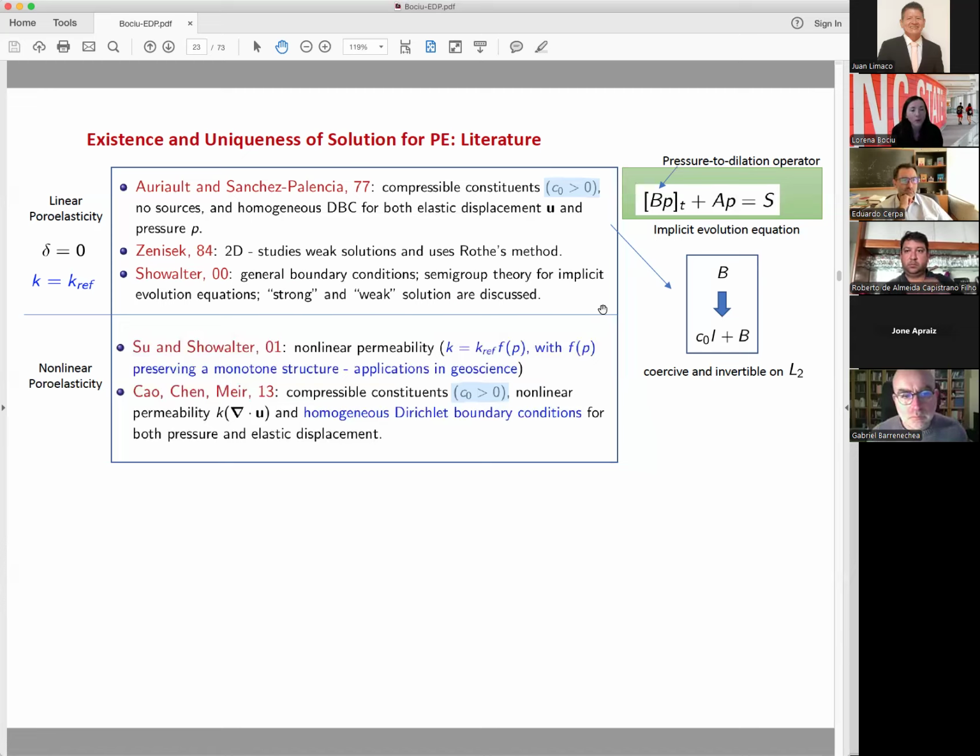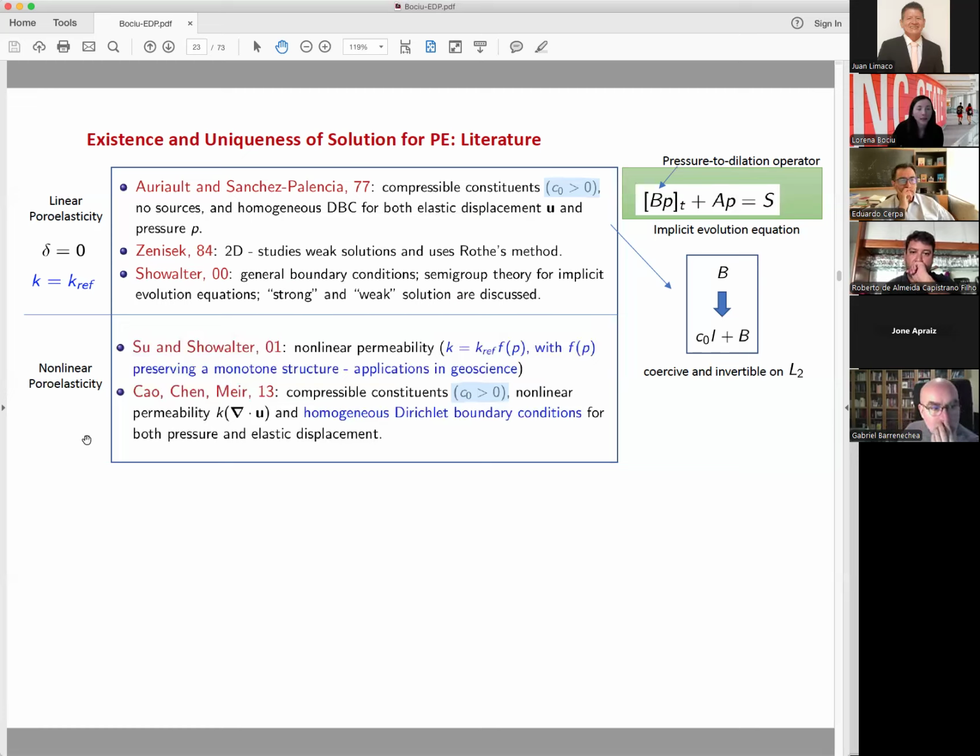And it's around 2000 that Showalter started looking at this problem. And what he did, basically, he developed the whole semigroup theory for implicit evolution equations of this type, where he discussed both weak and strong solutions and so on. Again, all this in the case of linear poroelasticity.